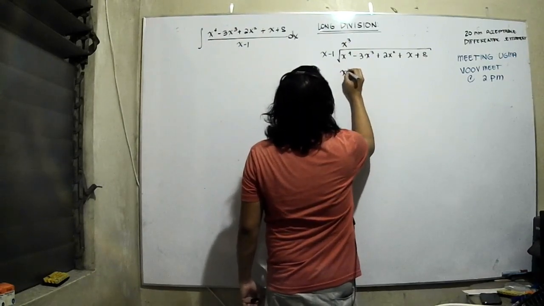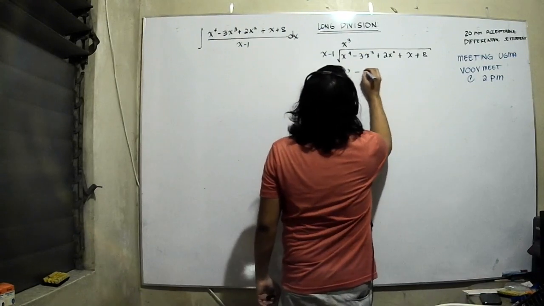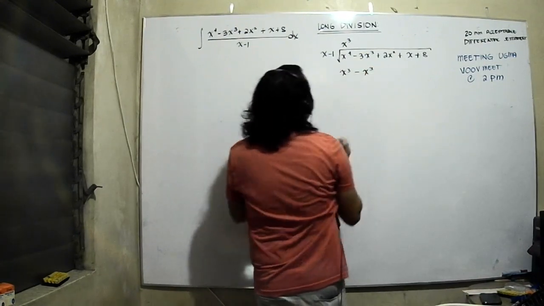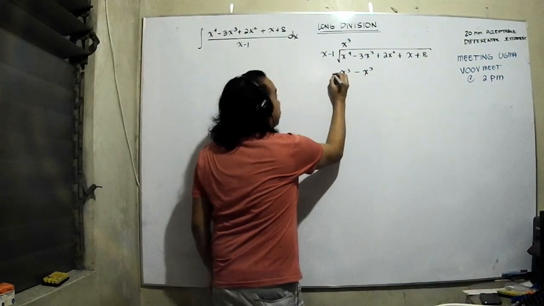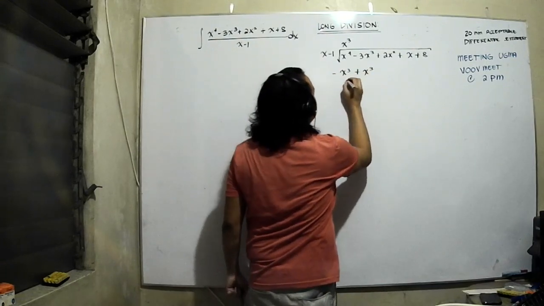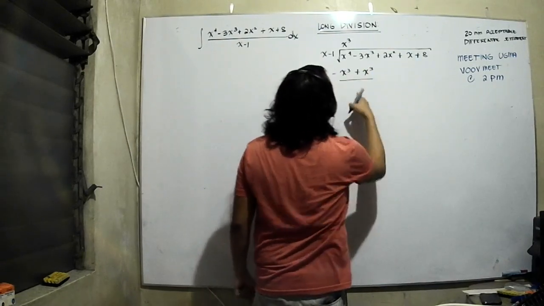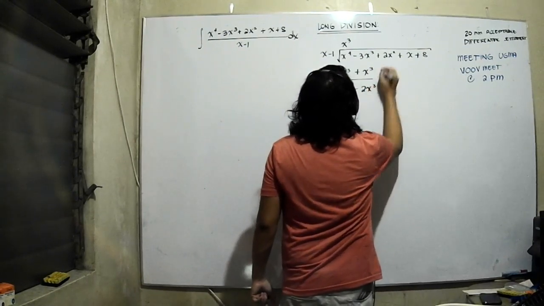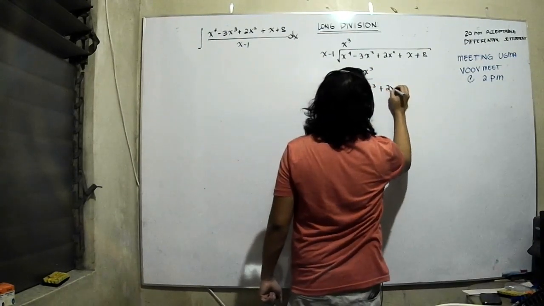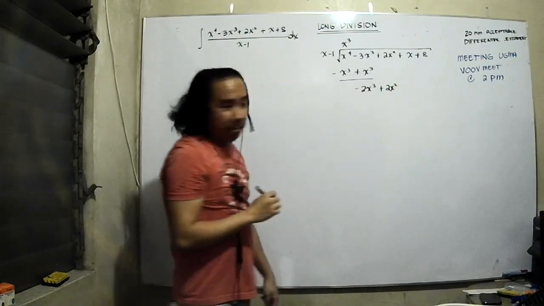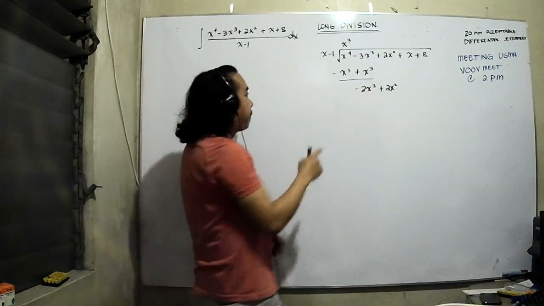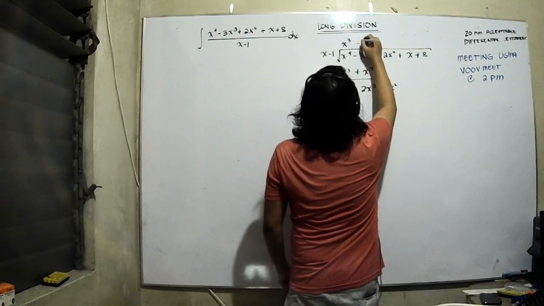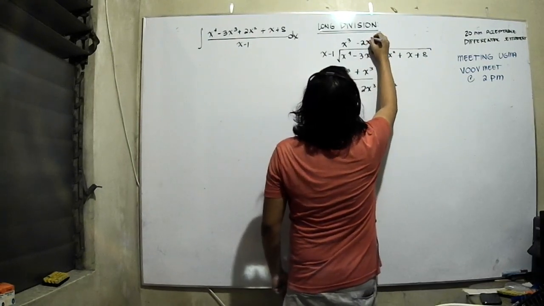So x cubed, negative x cubed. This becomes negative, this becomes positive, so it cancels. And we will have 2x cubed, bring down the 2x squared. So this should be equal to 2x squared.